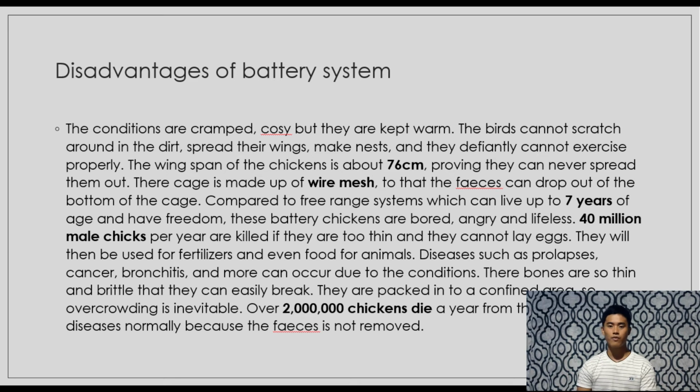Their bones are so thin and brittle that they can easily break. They are packed into a confined area, so overcrowding is inevitable. Over 2 million chickens die a year from this system, from diseases, normally because the feces is not removed.